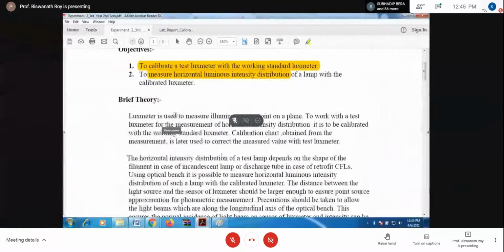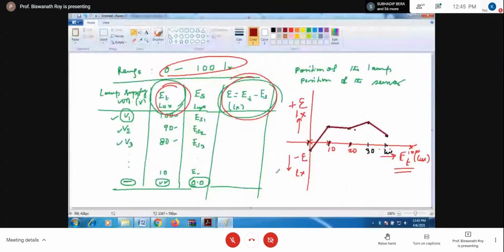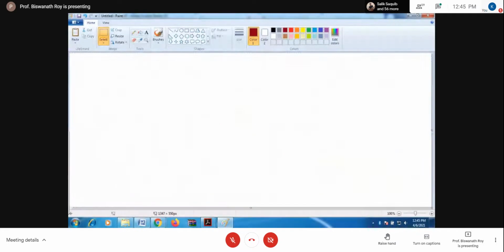Now let us first define what is known as the intensity distribution. So let me erase this. What is the intensity distribution? Luminous intensity I is mathematically defined as I equal to d phi by d omega, where omega is the solid angle.